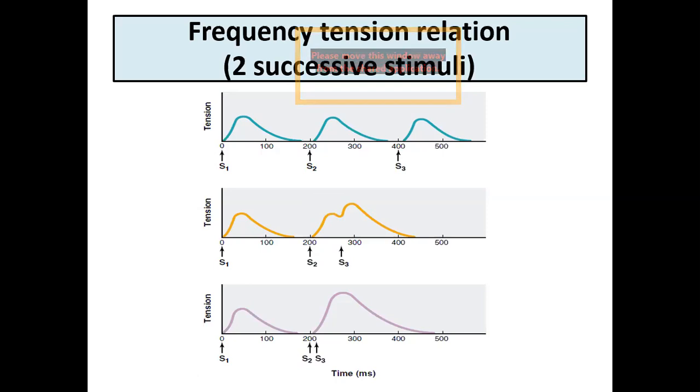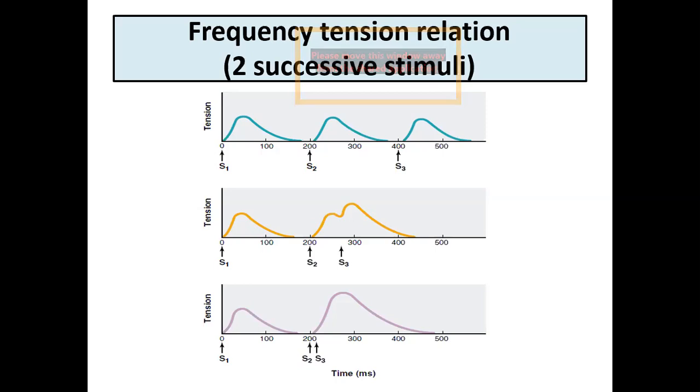So what happens to the calcium concentration in the sarcoplasm? During relaxation, the calcium is pumped back into the sarcoplasmic reticulum from the sarcoplasm, so it should decrease. Okay, there should be a decrease in the sarcoplasmic calcium concentration.